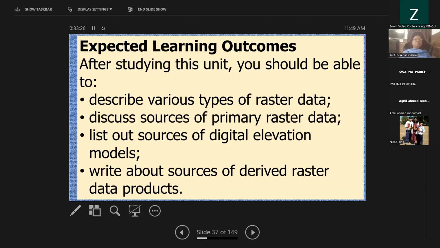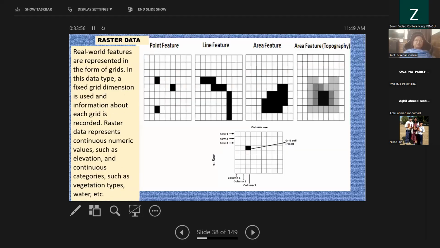So regarding this unit, after studying it, you will be able to describe various types of raster data, sources of primary raster data, list sources of digital elevation models, and also know about the sources of derived raster data products.